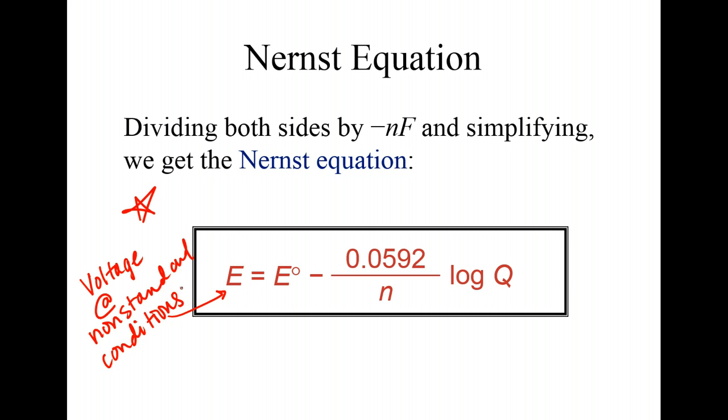And E with the little circle, E standard, is of course standard conditions, which means we obtain that value by using Appendix E, the green handout, and we simply take the reduction potential for the cathode minus the anode, like we reviewed previously. Keep in mind, if we imply standard conditions, your solution concentrations have to be at 1 molar. The n, as it has been previously, is moles of electrons transferred.